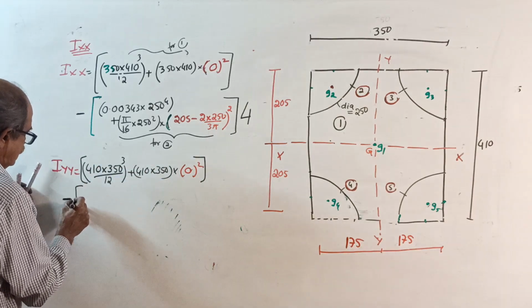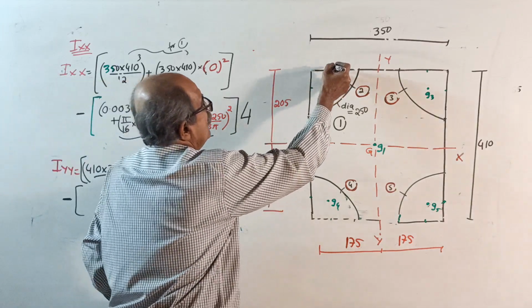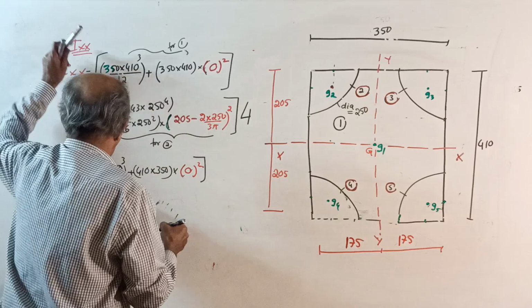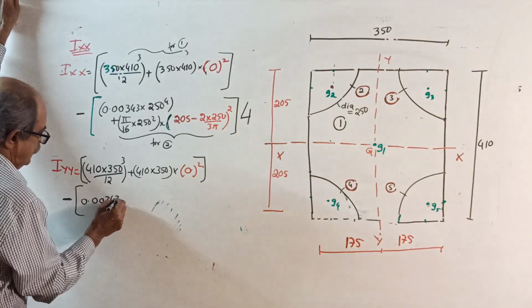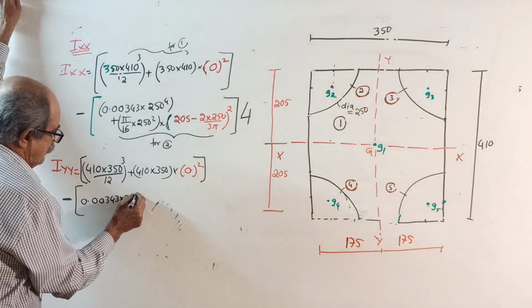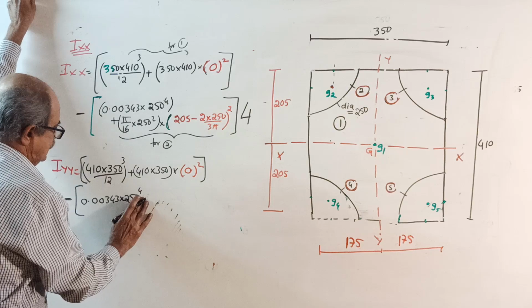Minus I about YY here: 0.00343 into 250 power 4 plus Ig.